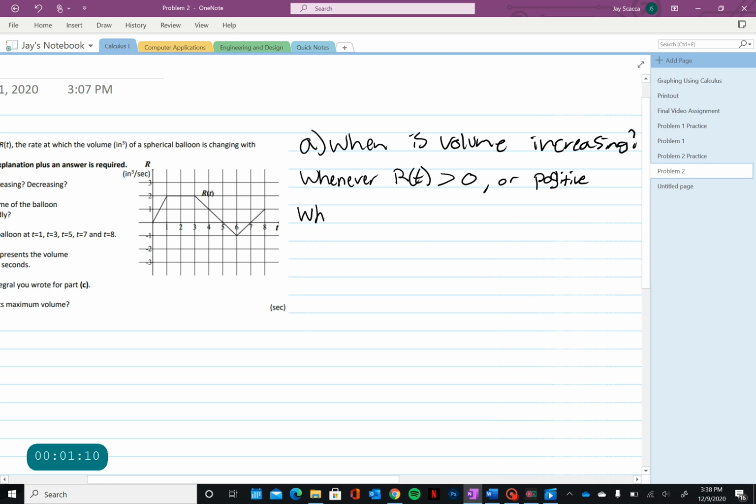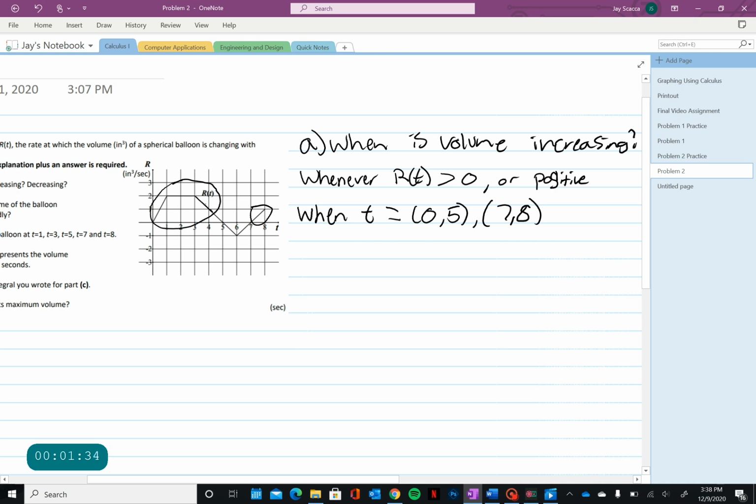So that is when t is from 0 to 5, as well as 7 to 8, because you can see right here the graph is positive and the graph is positive right here.